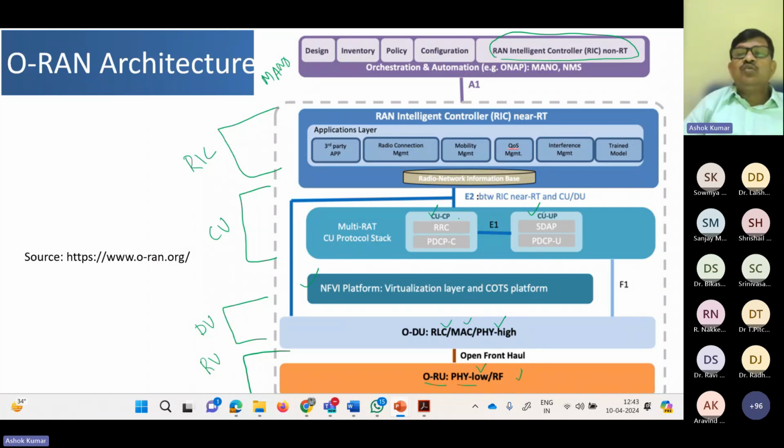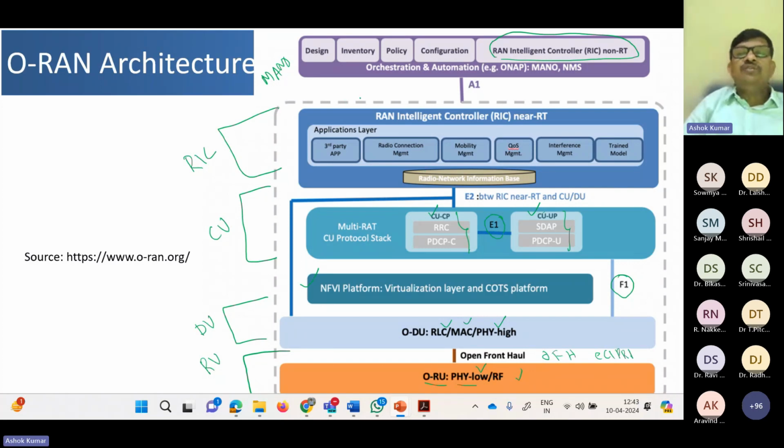So basically control plane signaling is here and user plane signaling is here, the SDAP and PDCP part of the user plane. This E1 interface is an open interface defined by 3GPP. The F1 interface between DU and CU is also defined by 3GPP. And between RU and DU is the open fronthaul defined by the ORAN Alliance. This is also called eCPRI.